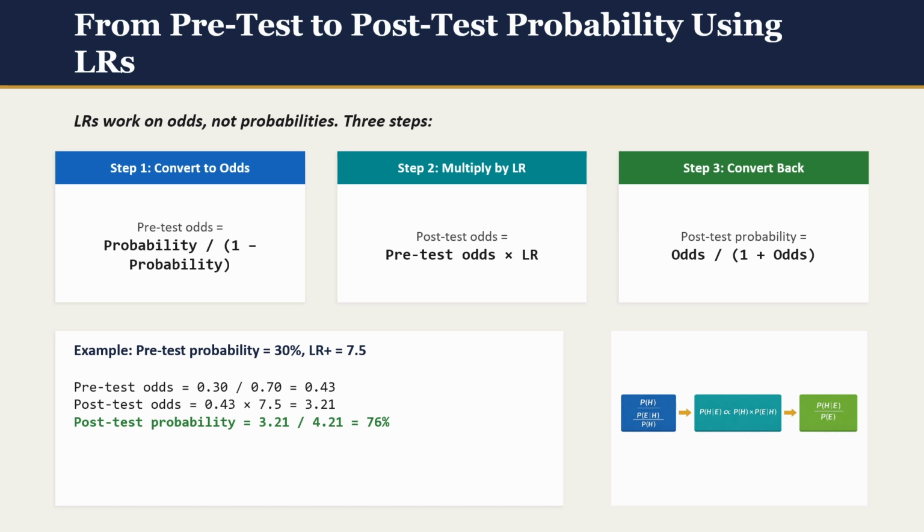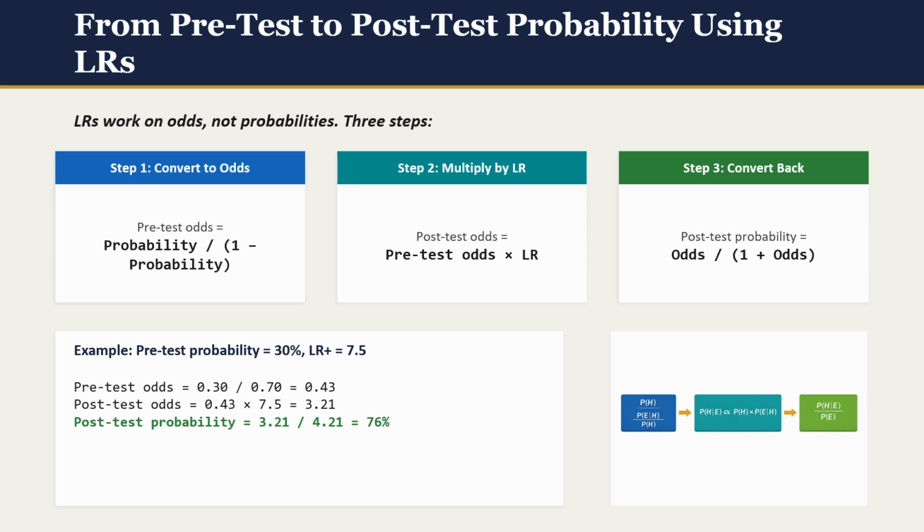So, a dog with a 30% pretest probability for splenic hemangiosarcoma with a positive ultrasound finding and a LR plus of 7.5 now has a post-test probability of approximately 76%. That is a clinically meaningful shift from possible to probable, driven by a single test result.